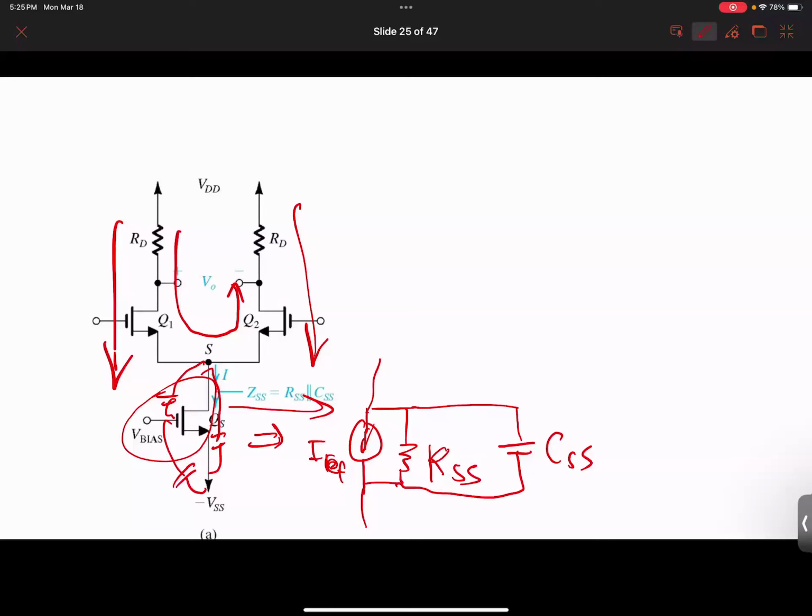Well, what happens is that in the common mode, if the device is not matched, that's where the problem comes in. Remember, when the device is not matched, we do have a common mode output, which is usually proportional to the parameter mismatch. Because of resistance mismatch, you have a common mode output. The ratio between common mode output and the differential output is called, do you still remember the term?